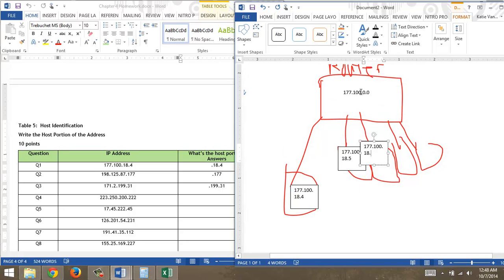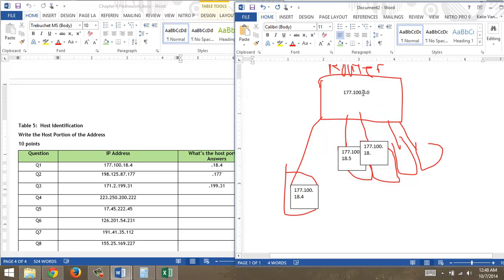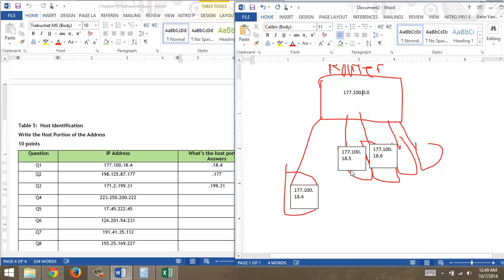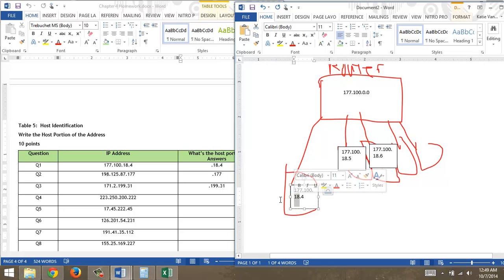But when we have a class B, such as 177, the first two octets are going to be the same, unless you're doing subnetting. And then the last two are going to change, so it would be from 18.4, 18.5, 18.6, 18.7, all the way up to 255, and then you also have the second range.